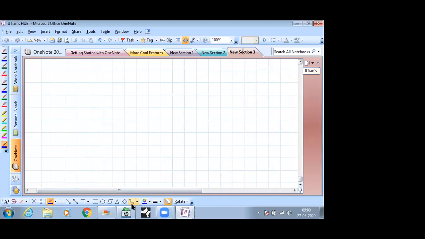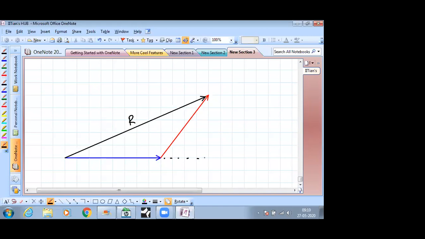So now in the same triangle, we now want to find out this side, whose magnitude is R. So you've already seen that this side is B sin theta.